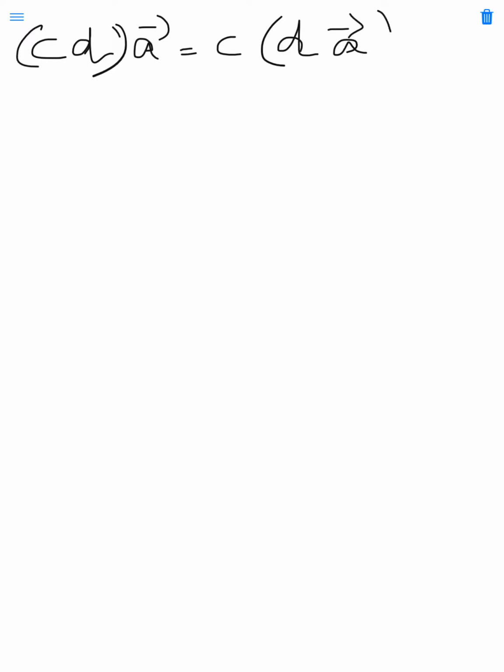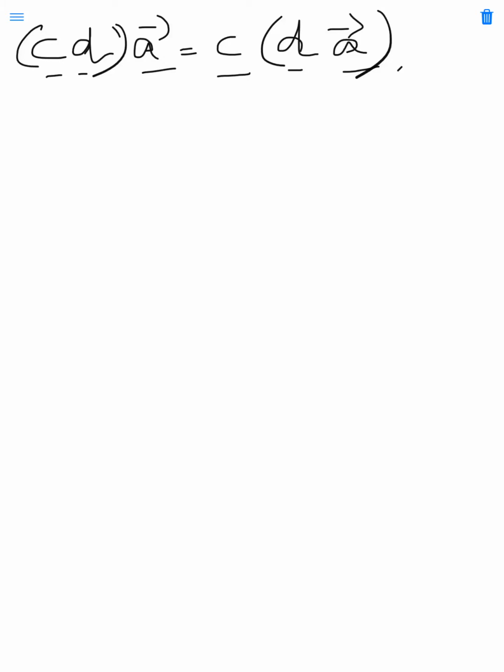Then it can be distributed over multiplication also, like c d times vector A will be equal to c times d times A. Okay, so the meaning of this is that the product of two scalars c and d multiplied by an element A is the same as one scalar times the product of another scalar multiplied by the element.